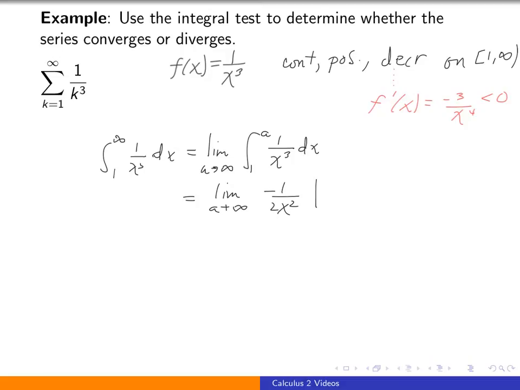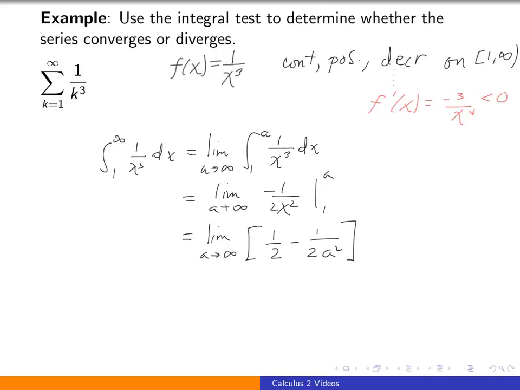And we're evaluating this from 1 to a. So we plug in an a, we put a minus sign, we plug in a 1. So when you plug in the 1, it's going to be minus a minus, so a positive 1/2. And when you plug in a, you're going to have the negative there, so 1 over 2 a squared.